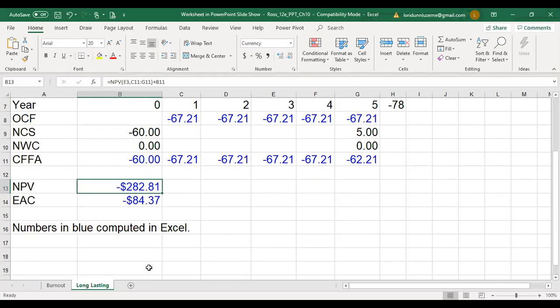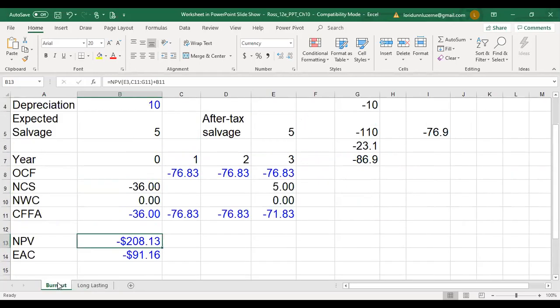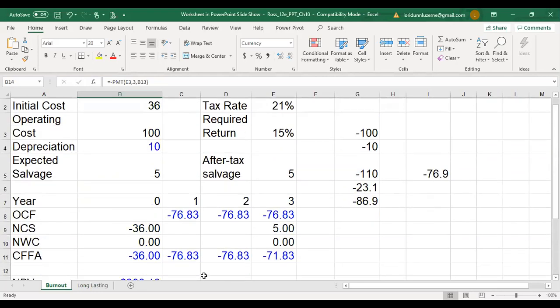So what we have to do here is calculate what's called, and this is on page 336, equivalent annual cost for each scenario. Okay, equivalent annual cost for each scenario.